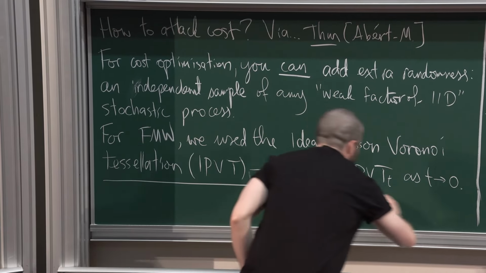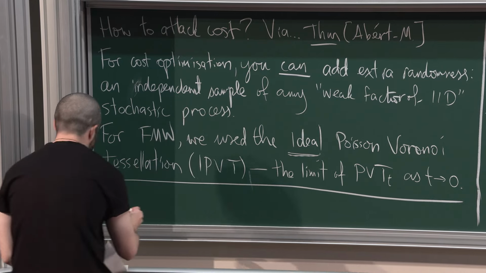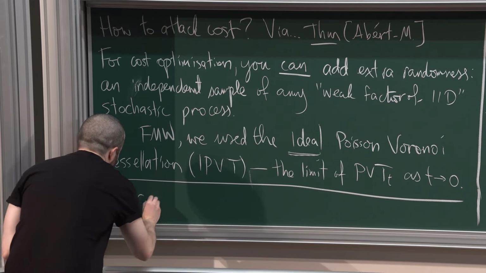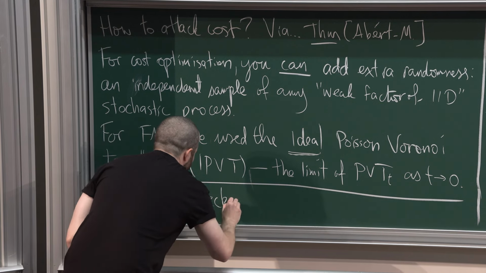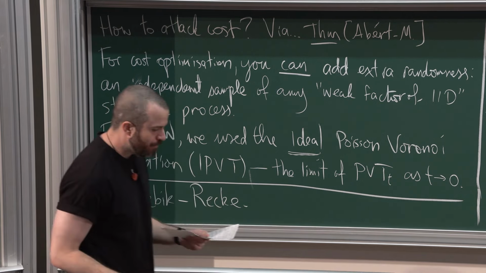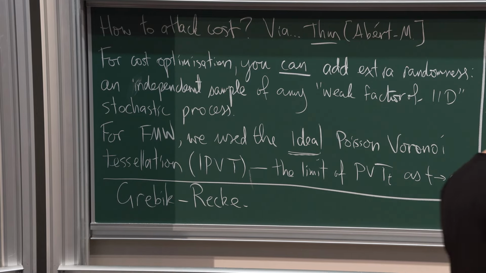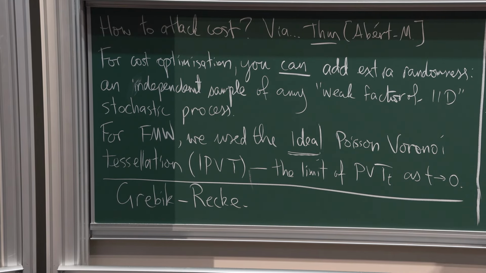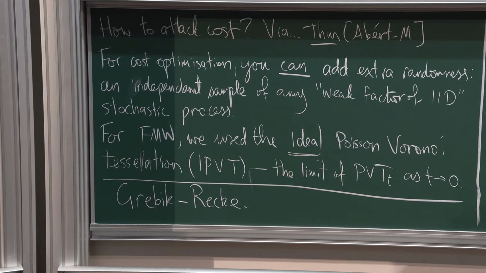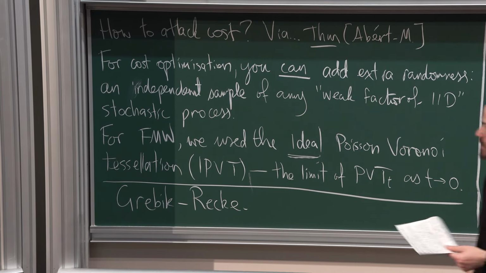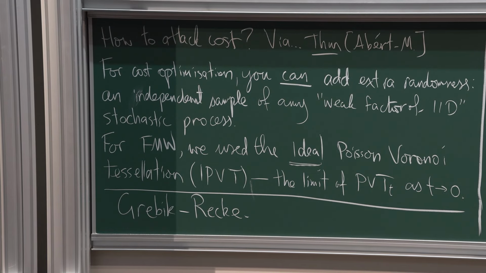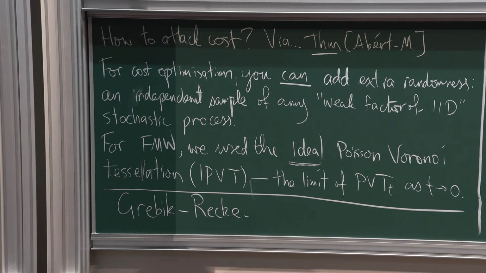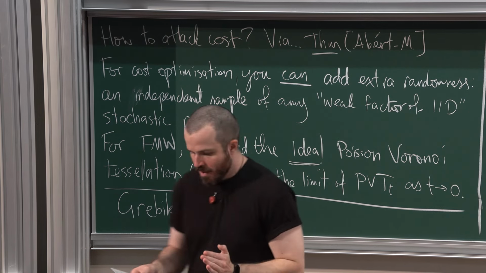The most exciting development, in my opinion, is a fairly recent paper of Jan Grebik and Konstantin Recker. They proved some uniqueness property for Poisson Voronoi tessellation percolation in the low intensity regime, assuming property T and making use of this infinite walls property. This is a very, very nice paper.